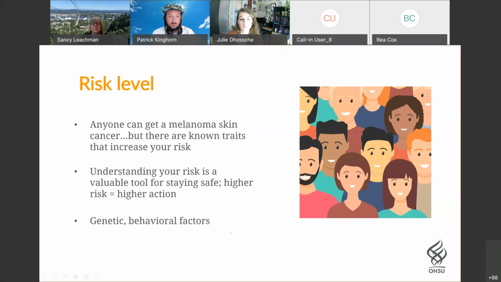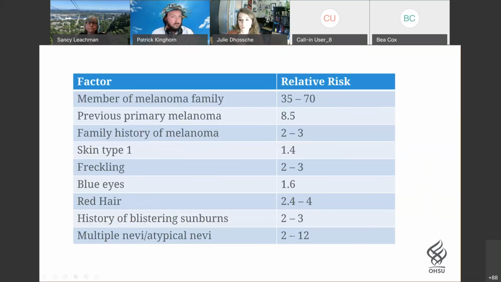So there's both genetic and behavioral factors, and let's talk a little bit more about this. This is a table that shows what the risk factor is, and this shows the relative risk.